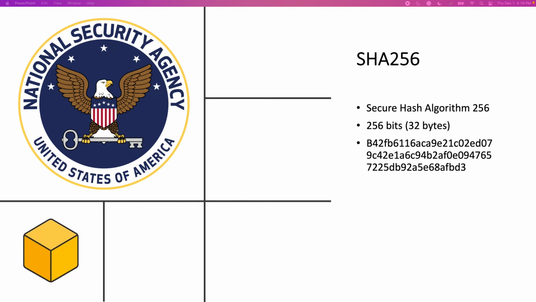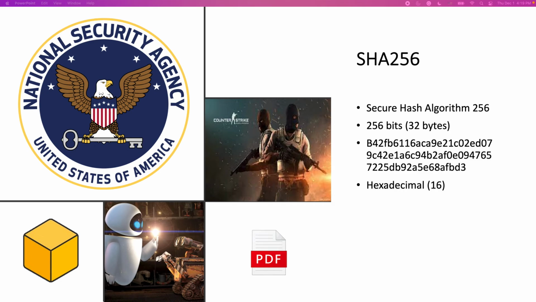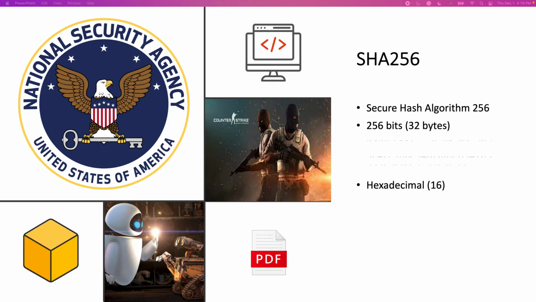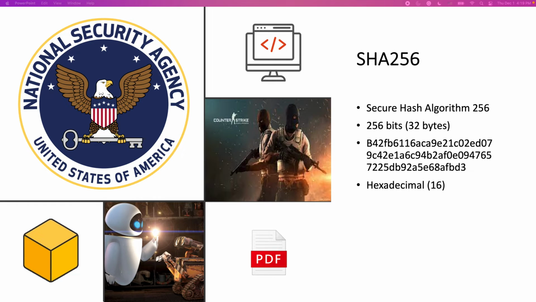Not only a data structure like a block, but a document like a PDF, a book, even a movie, a game, or software. SHA256 can convert anything of any length into a fixed size string of 256 bits, which is 32 bytes, which always looks like this, a 64 character string.